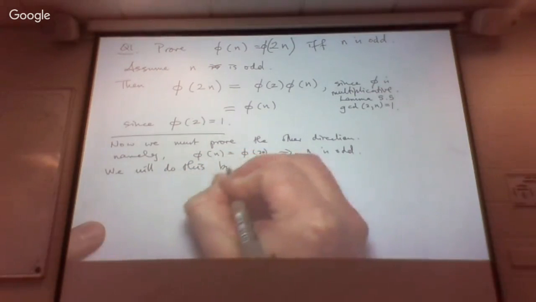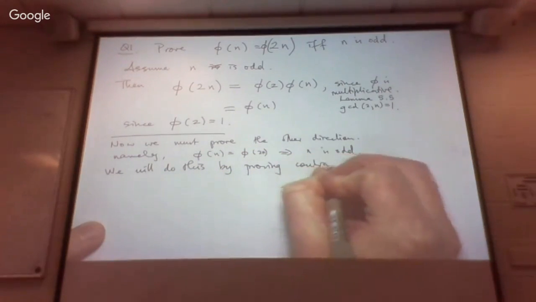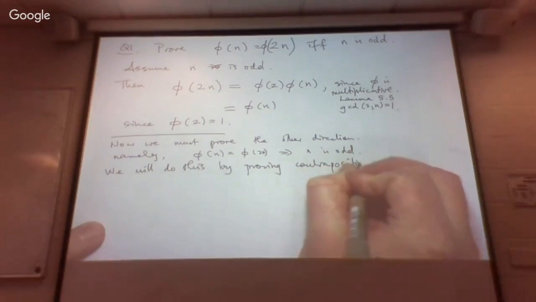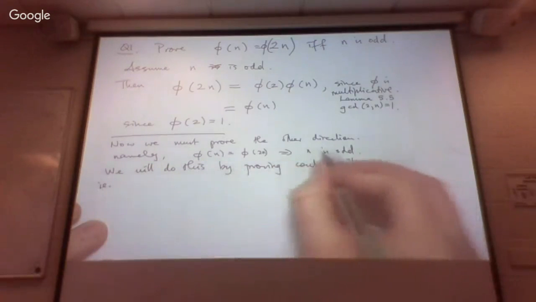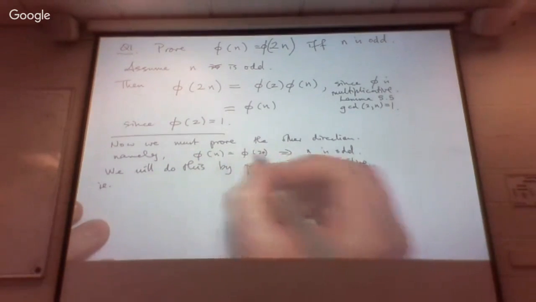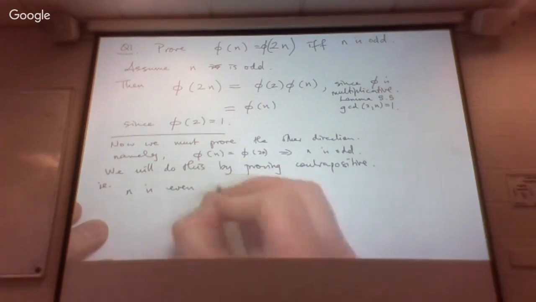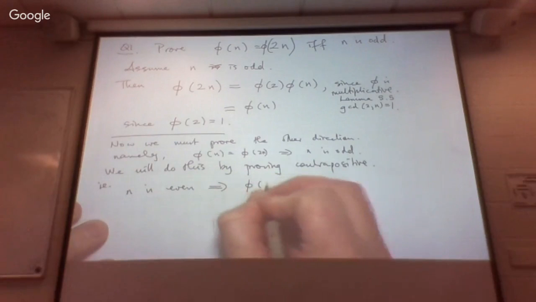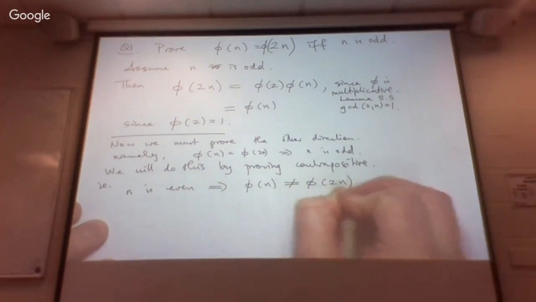We'll do this by proving the contrapositive, i.e., we have to say not n is odd implies not the equation. So if n is even, we want that to imply that phi of n is not the same as phi of 2 times n.